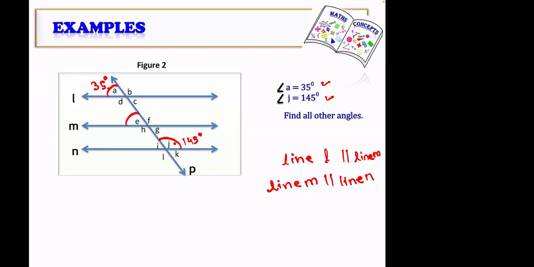Do you think E is obtuse? It's an acute angle, not an obtuse angle. Ma'am, sorry, F is 145. Yes, F is 145, that's right. And E is 35, because they are corresponding angles. Yes, that's right.